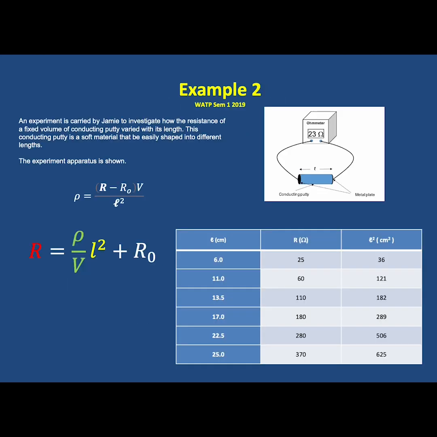So we go back to our original data table, we take all of the length data in centimeters, and then we square the length data. So 6 centimeters becomes 36 square centimeters. 11 centimeters becomes 121 square centimeters. We make sure that our manipulated data column is titled appropriately, length squared, and given the appropriate units, squared centimeters.